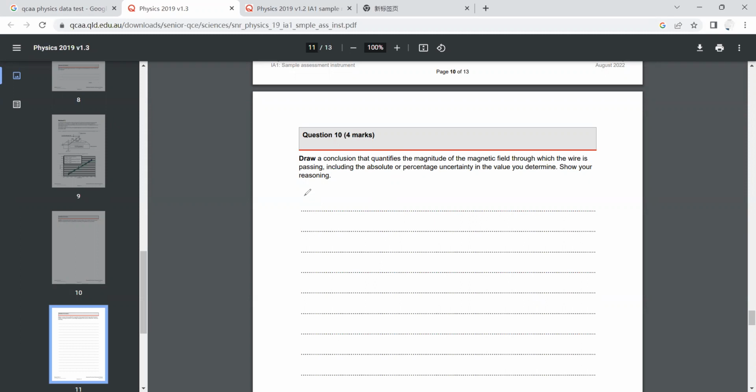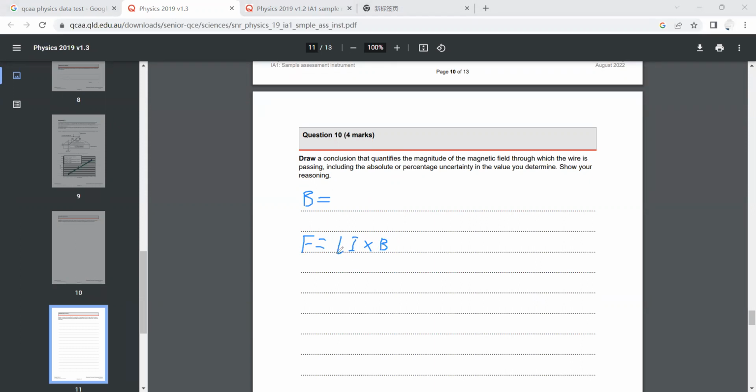They want us to define B, quantify the magnetic field, by using F and L. What does B equal? We have a formula which is F equals L cross B.